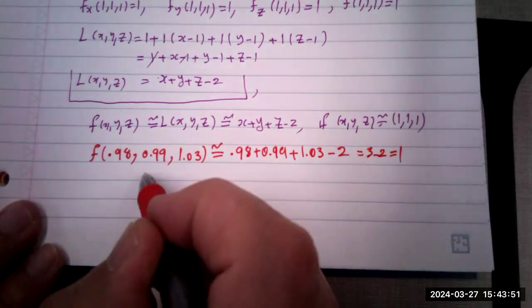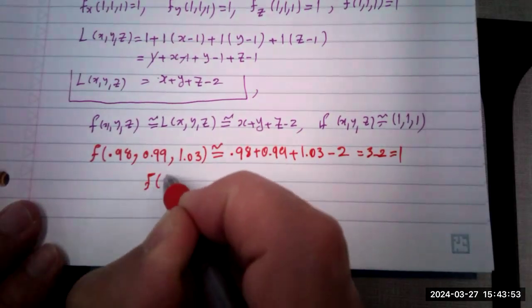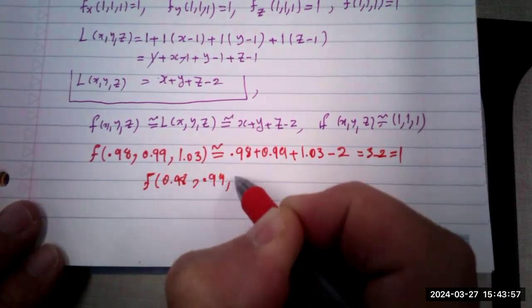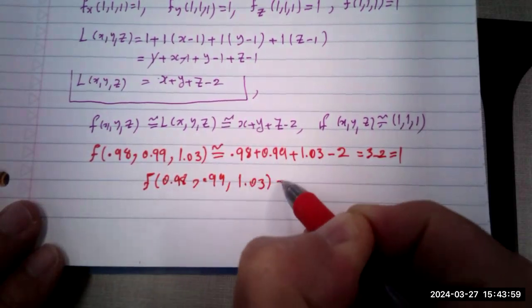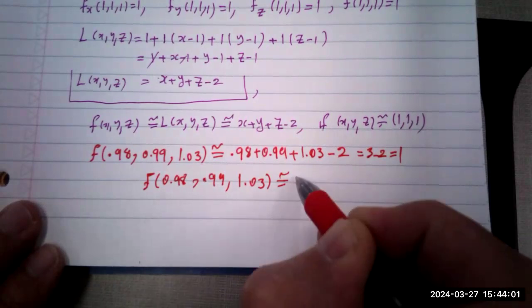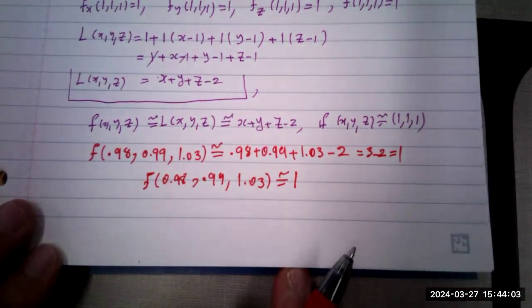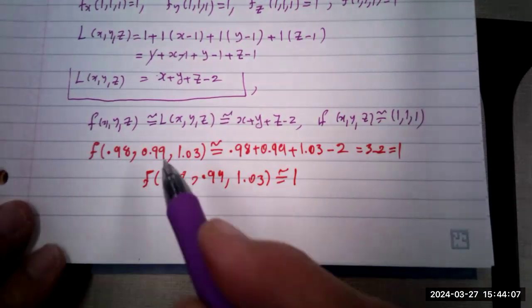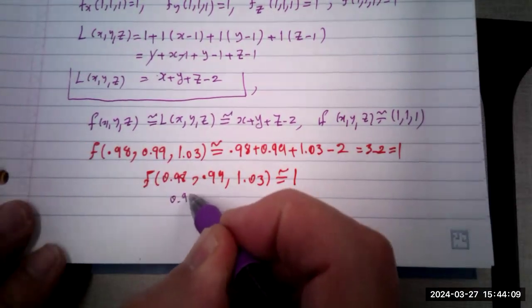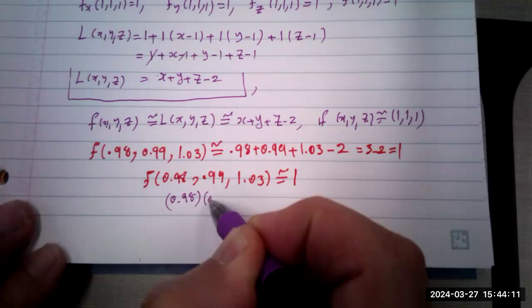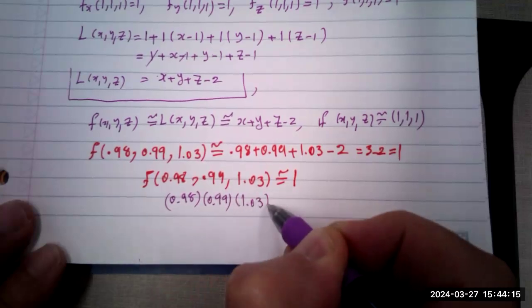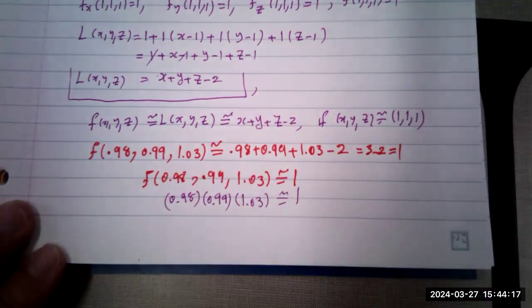So we claim that 0.98 times 0.99 times 1.03 is almost equal to 1.